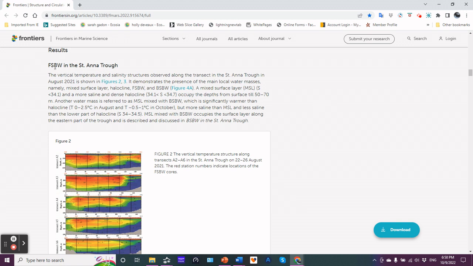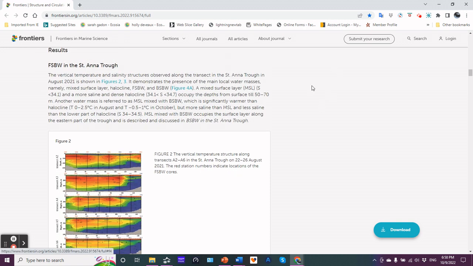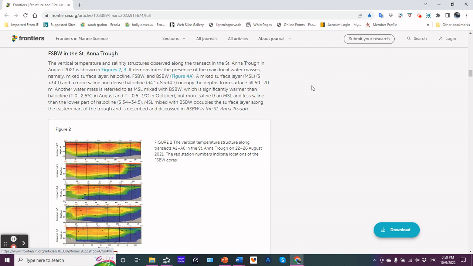The Fram Strait branch water. The vertical structure and salinity structures observed along the transect in the St. Anna Trough in August 2021 is shown in figures 2 and 3. It demonstrates the presence of the main local water masses, namely mixed surface layer, halocline, Fram Strait branch water, Barents Sea branch water, especially noted in figure 4A.